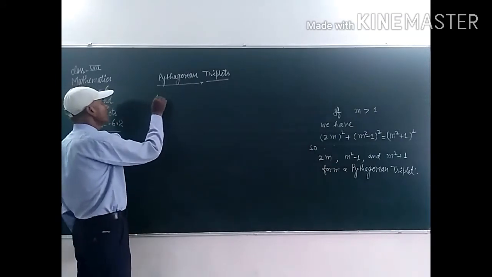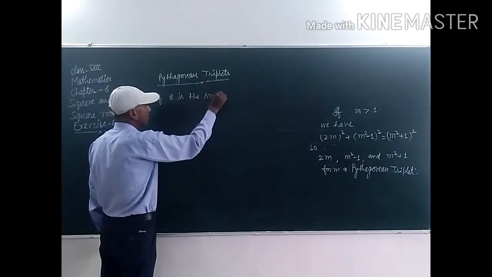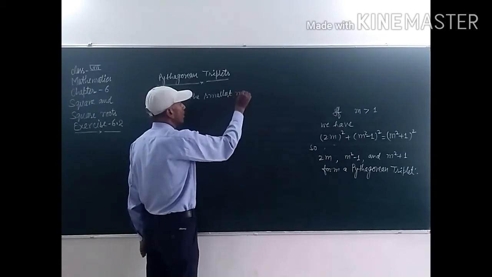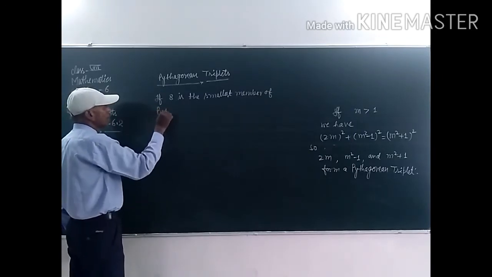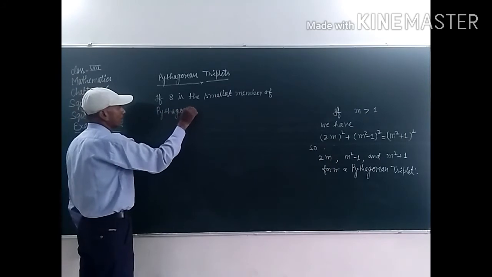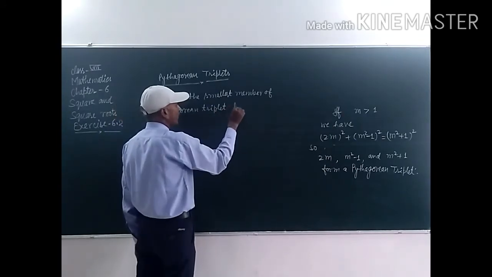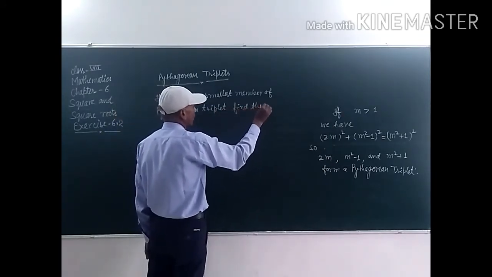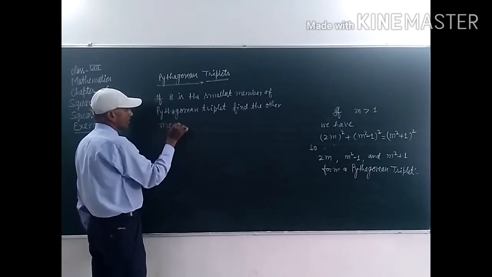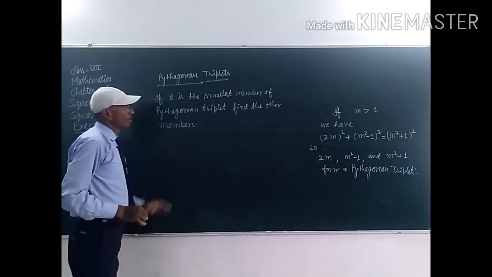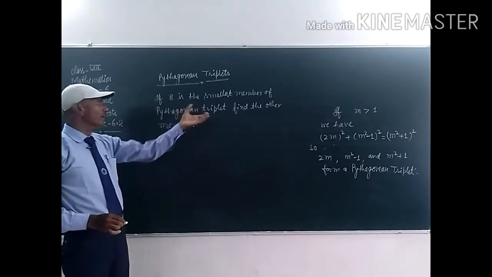Suppose this is a question: if 8 is the smallest member of a Pythagorean triplet, find the other members.